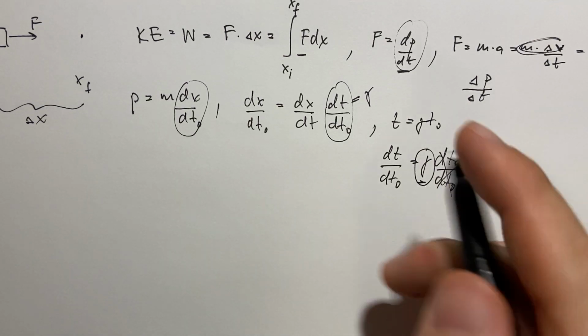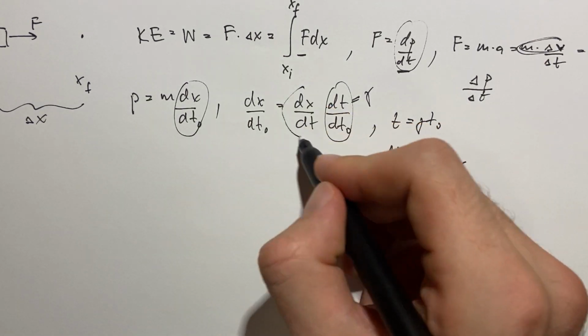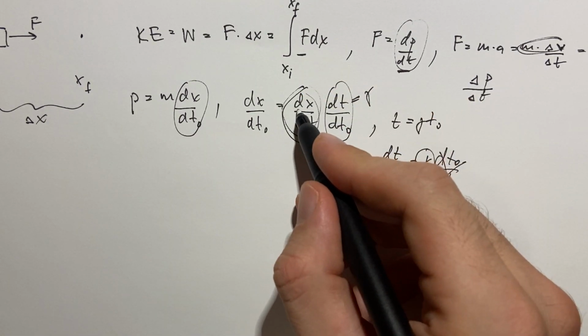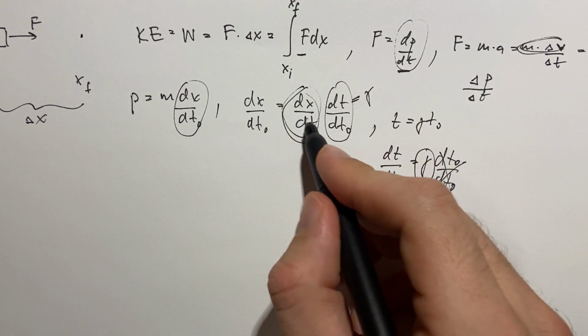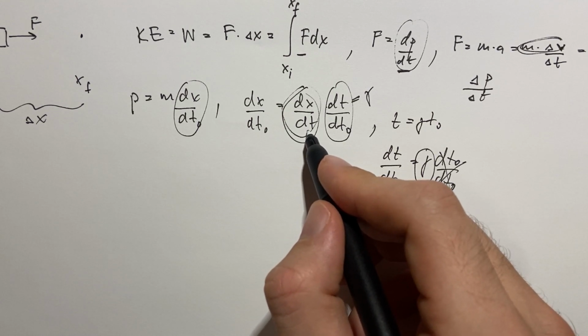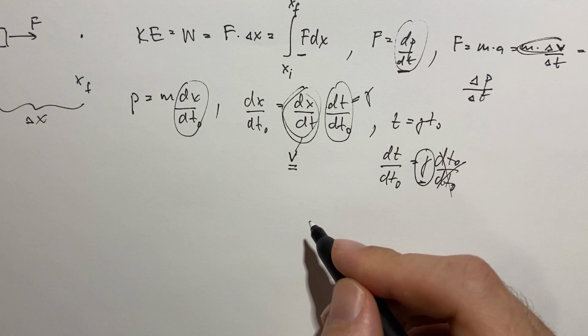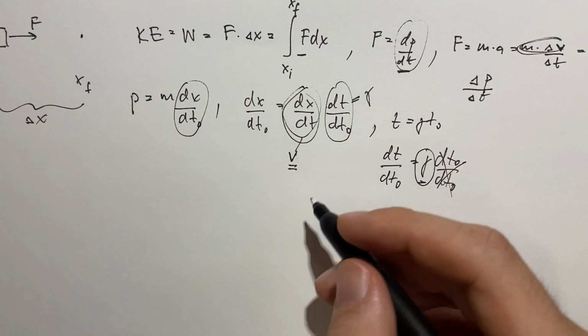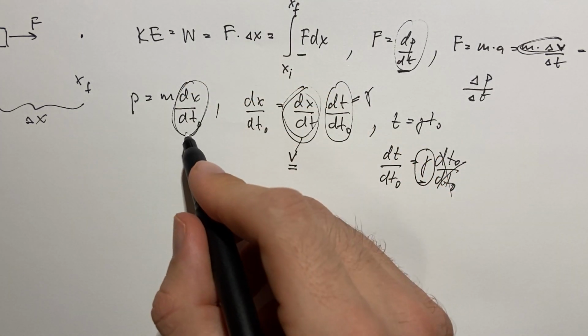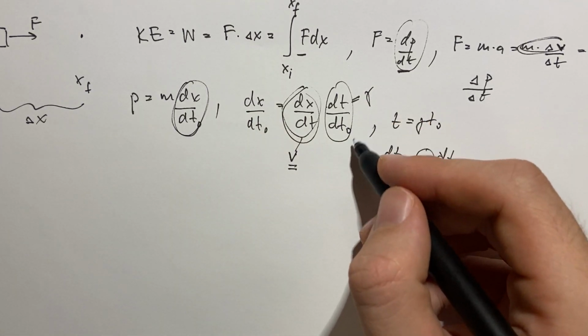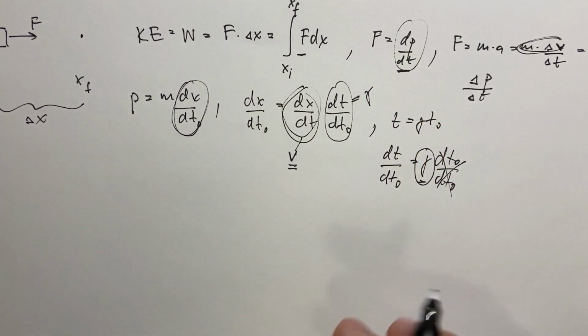So this expression, that's just gamma, the Lorentz factor. So what is the other expression then? If we look at it, the displacement over the difference in time, that's just the velocity, right? So dx by dt naught, that's just the velocity times the Lorentz factor gamma.